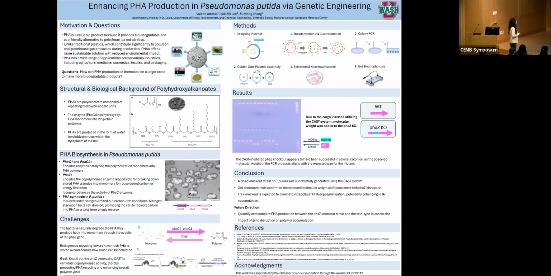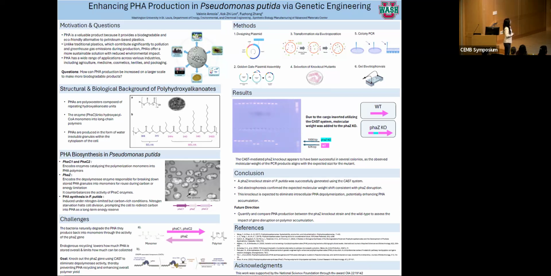We designed our plasmid and inserted antibiotic resistance genes. We utilized kanamycin as a marker. Then we tried to create a frameshift mutation to knock out our PHAZ gene, and again we utilized a CAST system to do that. We used Golden Gate plasmid assembly to make our plasmid, because you can assemble multiple DNA pieces simultaneously.